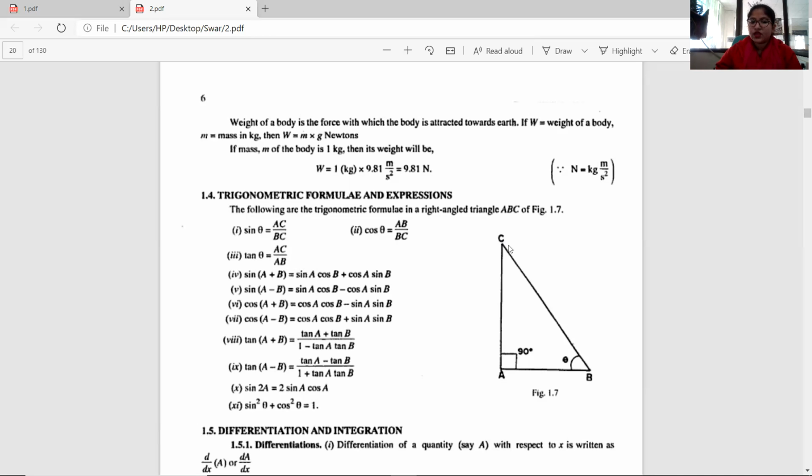AC divided by BC. AC is this side and BC is this side. Next is cos theta: AB base upon this BC. What is tan theta? This AC divided by this AB. That is my tan theta.